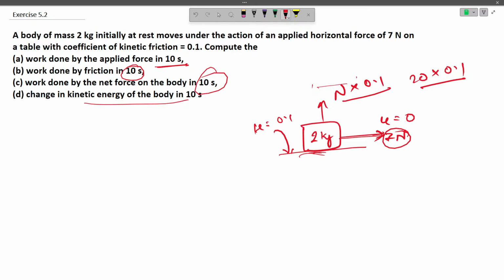When we know the acceleration of the body upon balancing the force, that is 7 Newton, and in the opposite direction there would be 2 Newton, we can find out the net acceleration of this body, and thus we can find out all the work done. And change in kinetic energy would be equal to work done by all the forces.